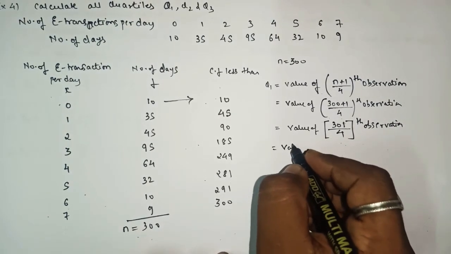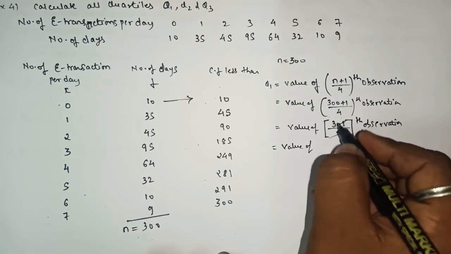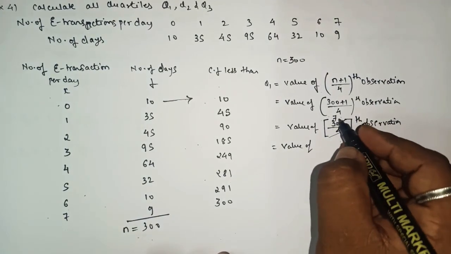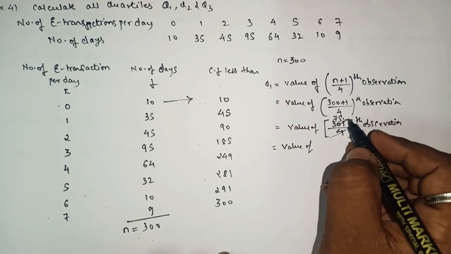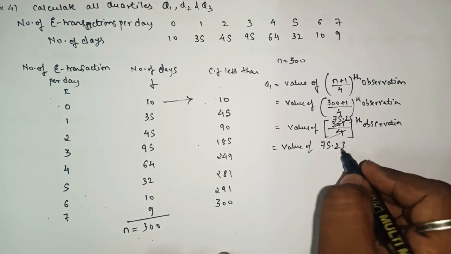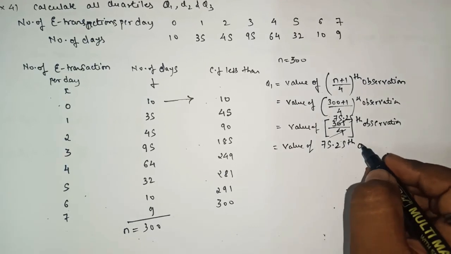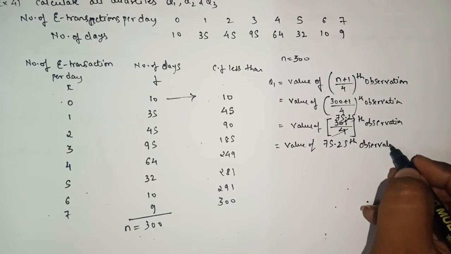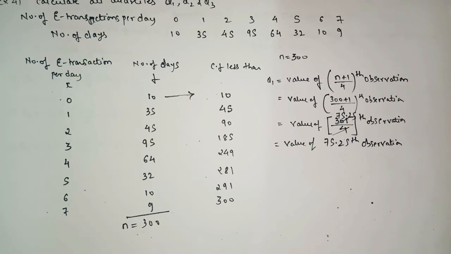Simply divide the number: 3 ones are 3, 7 fours are 28, 2 carry 2, 5 fours are 20... so 75.25 th observation. I hope you understood till here.